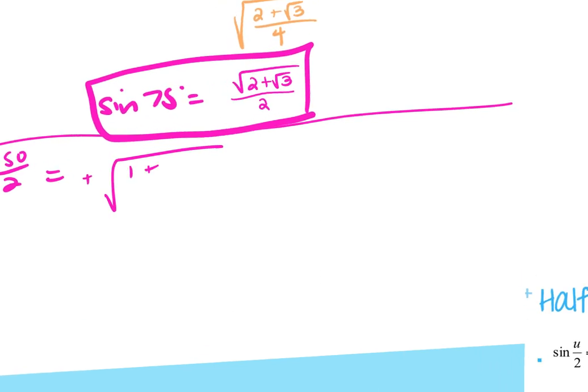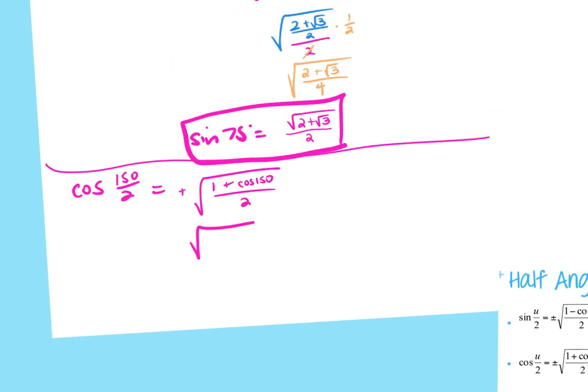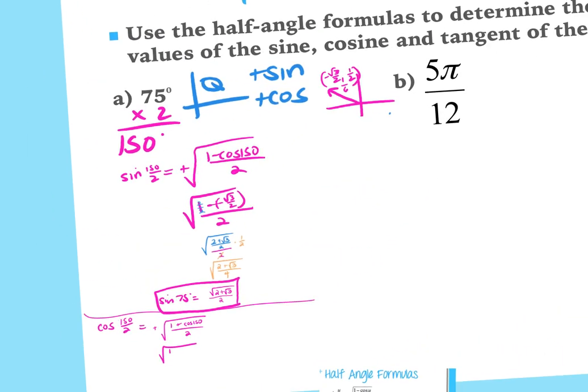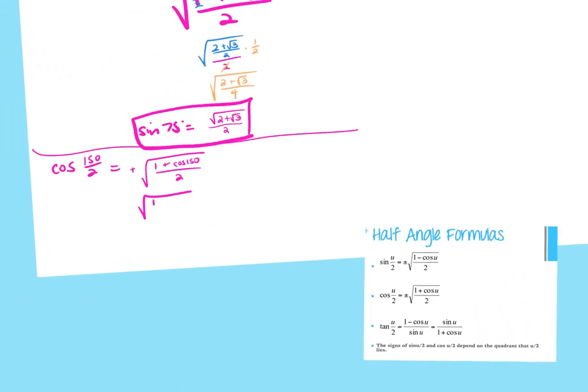And this is 1 plus the cosine of 150 over 2. This becomes 1 plus a negative root 3 over 2, because that's what our cosine is at 150. So this becomes 1 minus root 3 over 2, over 2.